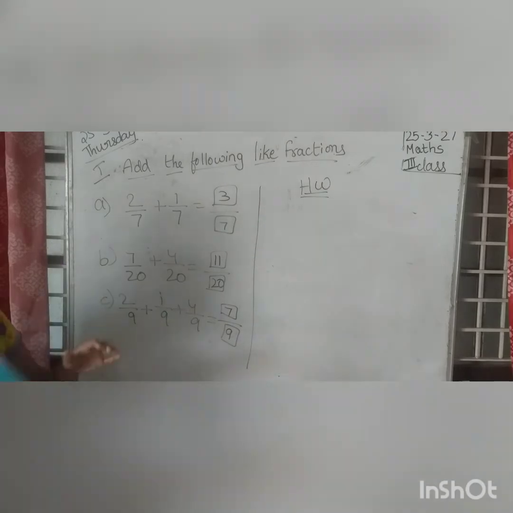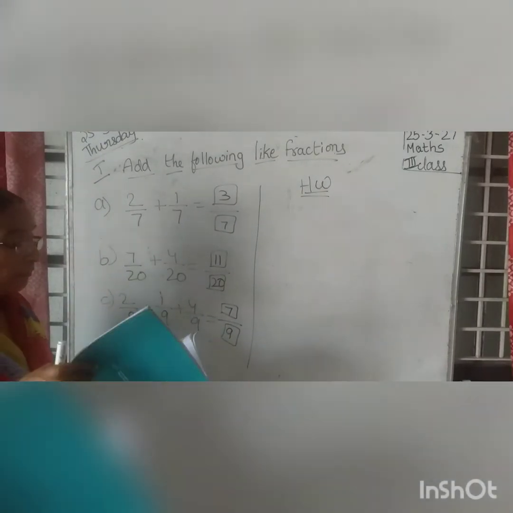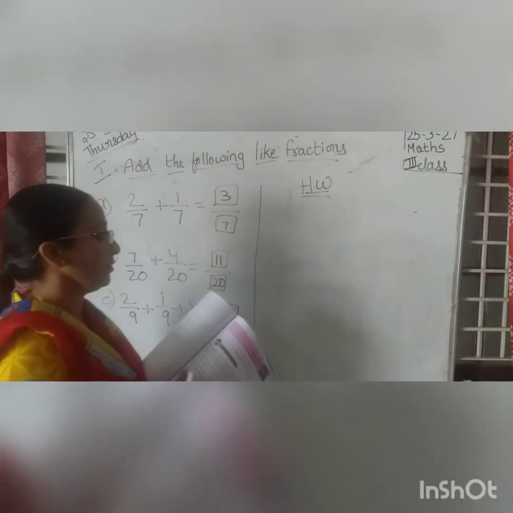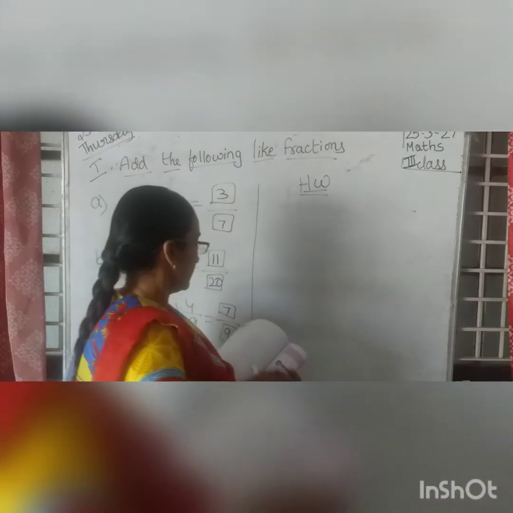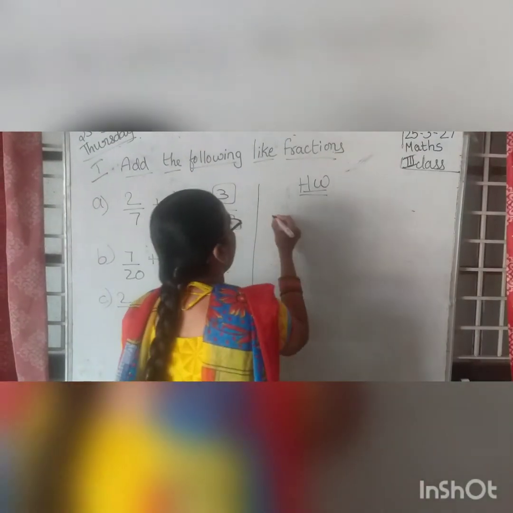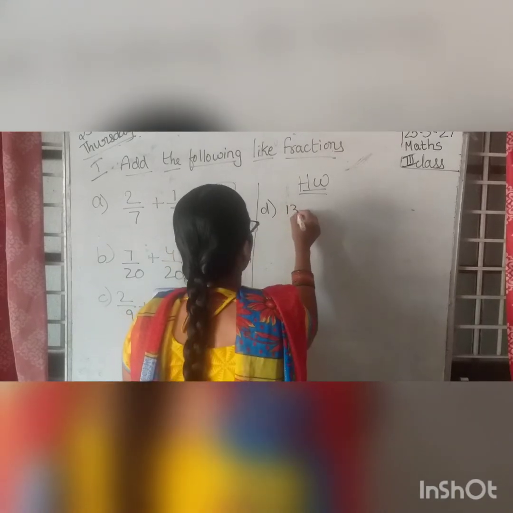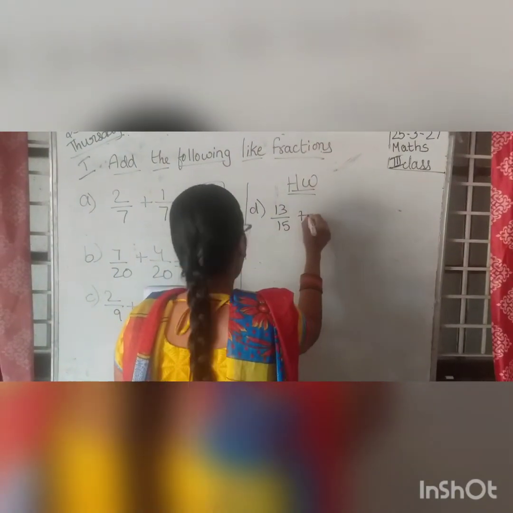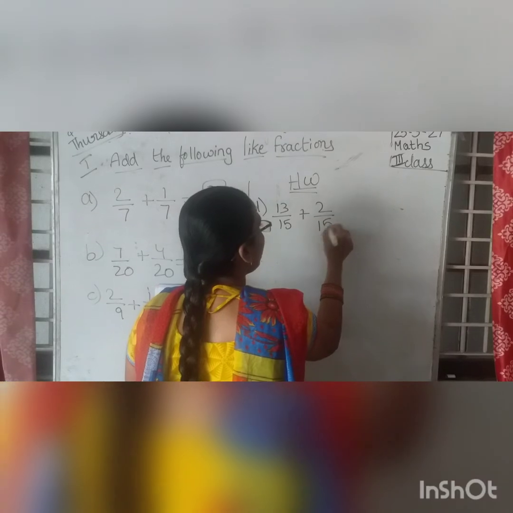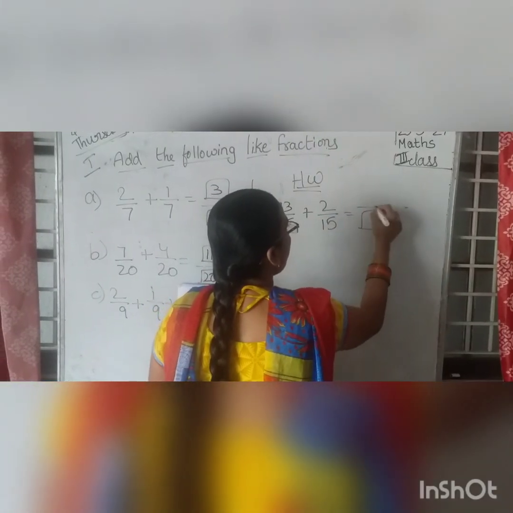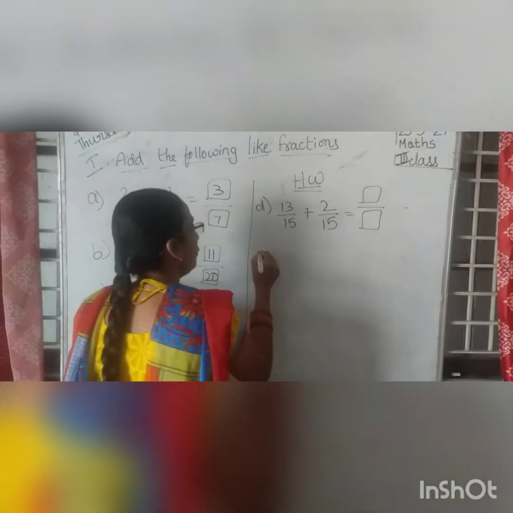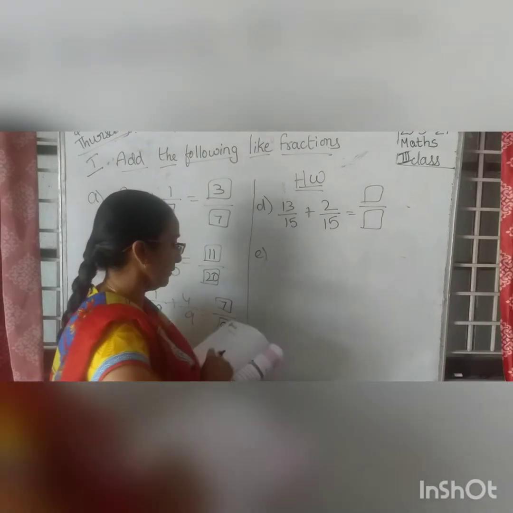Come on, copy homework sums now. Did you all follow how to add? You should not add the denominator. Denominator you are going to write the same. Only the numerator you are going to add.